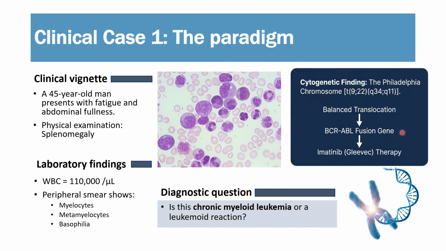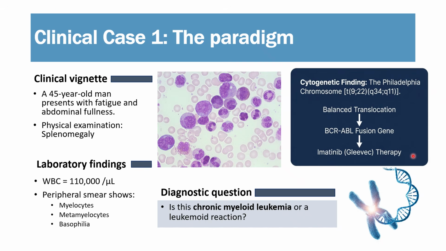This is a balanced translocation, and the presence of this BCR-ABL fusion gene leads to constitutively active tyrosine kinase activity. This means that there is going to be an unregulated proliferation of the myeloid series of cells here. There is going to be decrease in the apoptosis as well as increased survival of the cells. The reason why we want to look for this BCR-ABL fusion gene also is because we have imatinib, which is the first discovered inhibitor of tyrosine kinase.